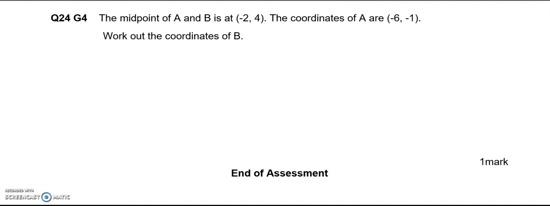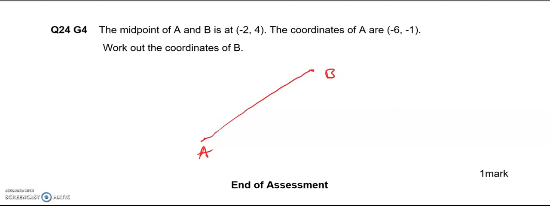Work out the coordinates of B. So we've got 2 points, A and B. I know that A is here and B is there because if I look at the coordinates, we've got smaller numbers for the coordinates of A. So -6, -1, whereas for B it's -2, 4.